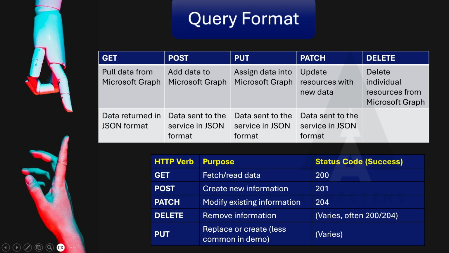Then put means I want to add or replace something which already exists. If you want to replace it with an entirely new policy, or change something, you can use put. Then we have patch, which is mainly used to update selected properties of an existing resource.